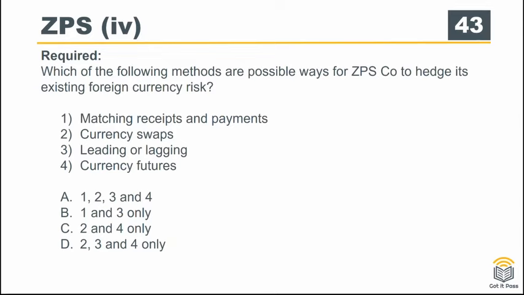The background information is it has no income generated in peso. So the first option, which is stating the matching of receipts and payments, it seems not possible because there's no receipts, there's no income.